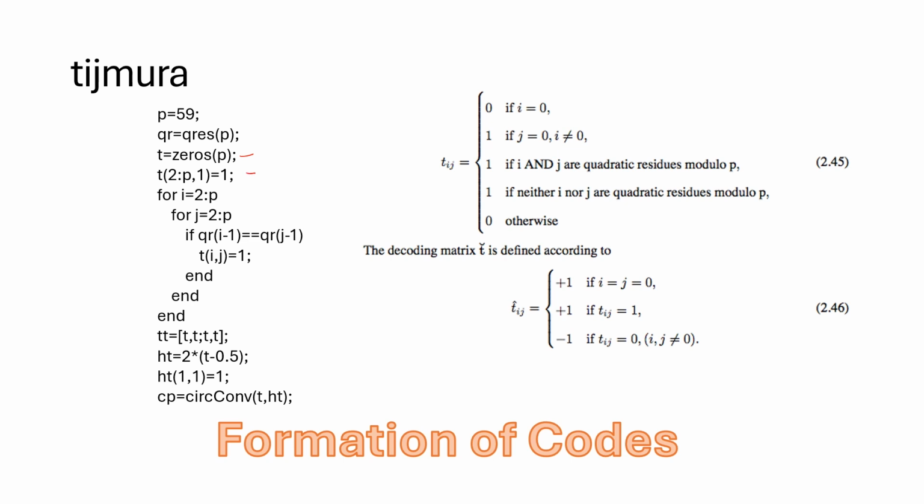And then we go through all the I and j values, having found all the quadratic residues for the base p, and if the quadratic residue state is the same for those two values, we set the code value equal to 1. Then we find the complementary code by setting the j equals 0, i equals 0 entry equal to 1, and the other ones equal to plus or minus 1 according to this form.